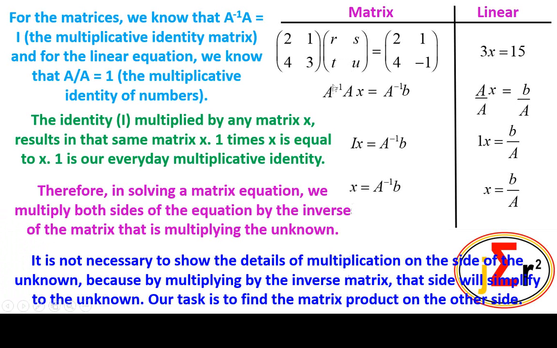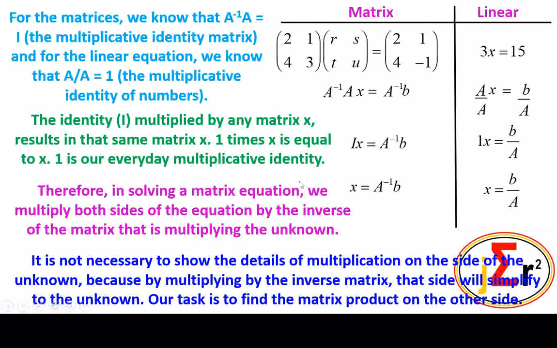When we multiply this side, we don't have to do the entire multiplication of matrices and show how we arrive at the answers and all of that. We don't need to do that, because we know that when we multiply the left hand side by the inverse of the matrix, it will simplify just to give X.